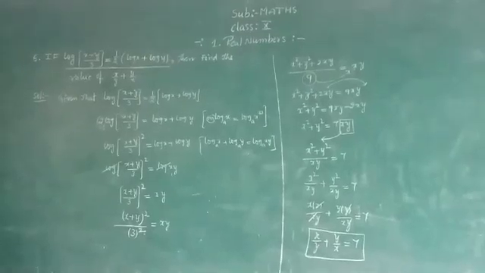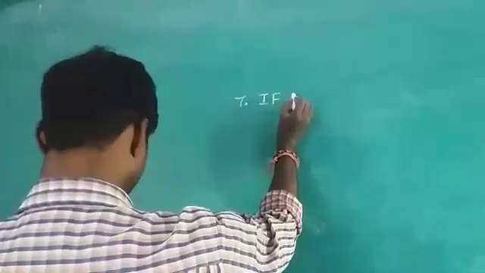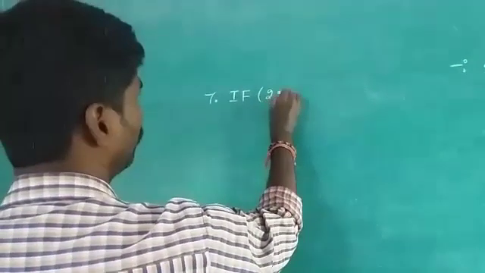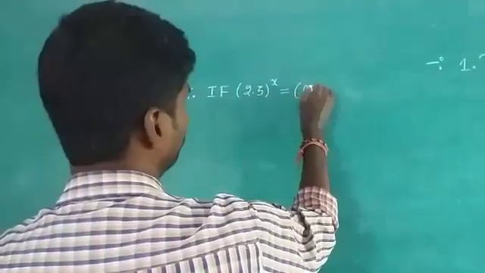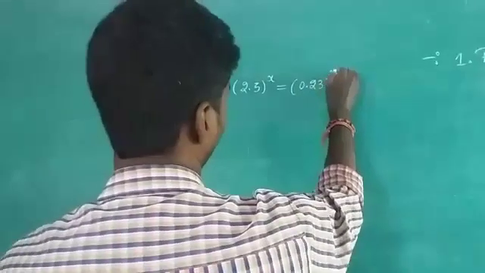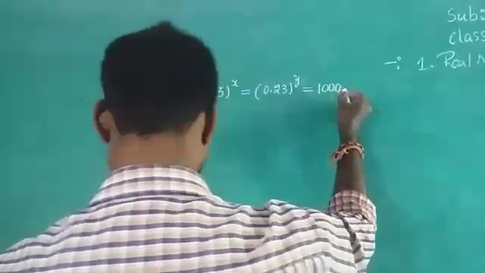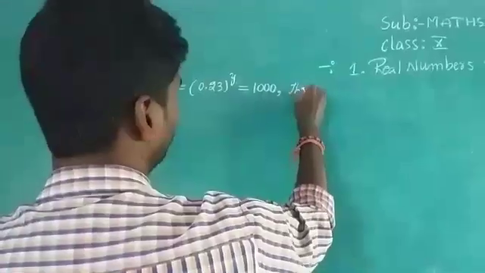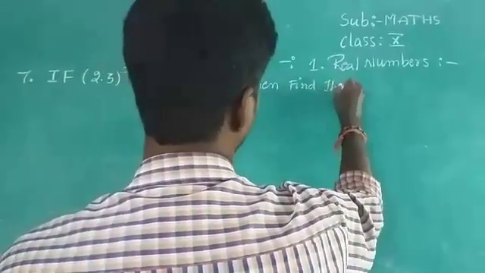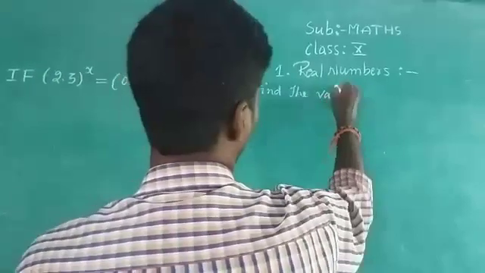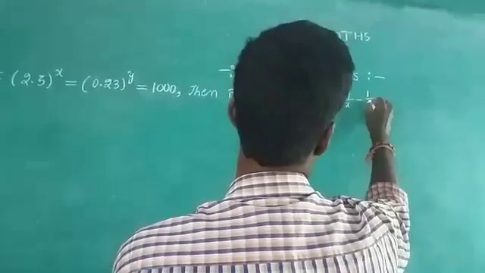I will go for the 7th problem now. What is the 7th problem? If 2.3 all to the power of x is equal to 0.23 all to the power of y is equal to 1000, then find the value of 1 by x minus 1 by y.